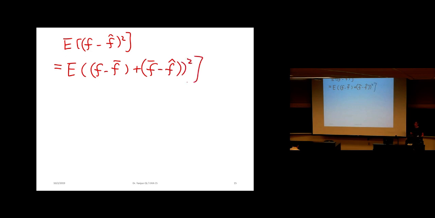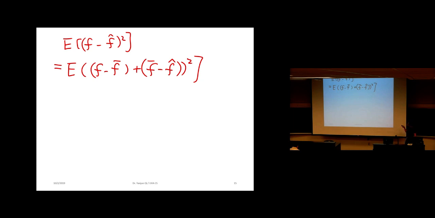Question about this? This is almost the idea, extremely important. So, this is the true model. This is the estimated model from my current data. And I'm adding the mean of the estimated f because there's randomness in the training data, right?